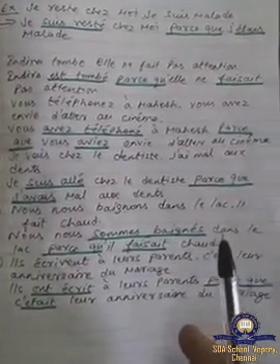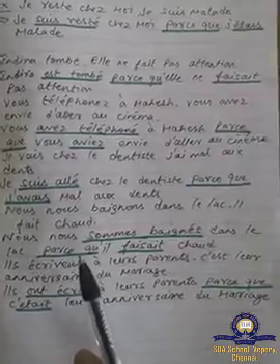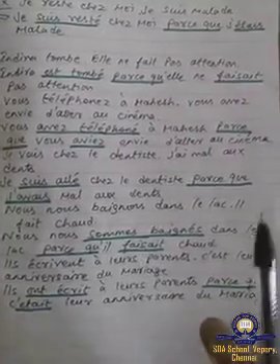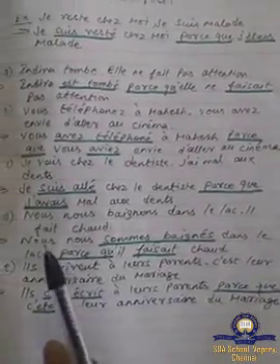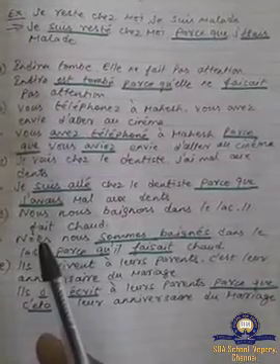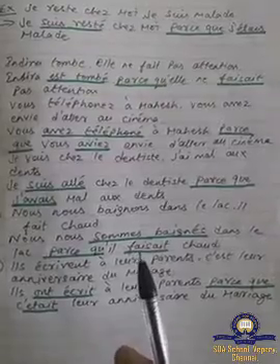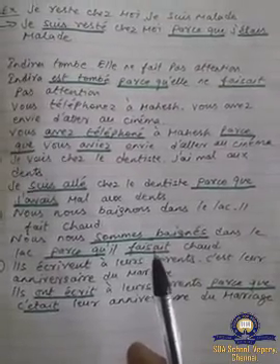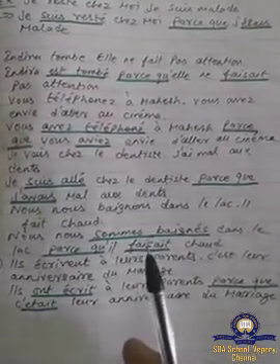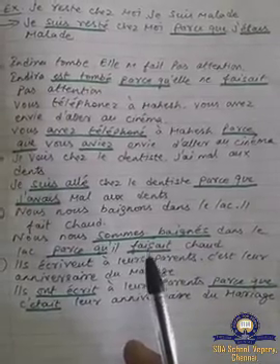Then continue the sentence. Dans le lac, parce qu'il fait, write the subject il. What verb is used here? Fait, faire verb. Then write that faire verb in imperfect. FAIS is the stem. AIT is the ending, third person. Because what is the faire verb conjugation for nous?